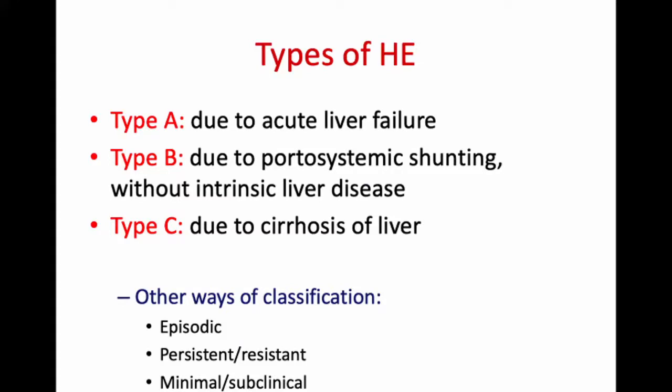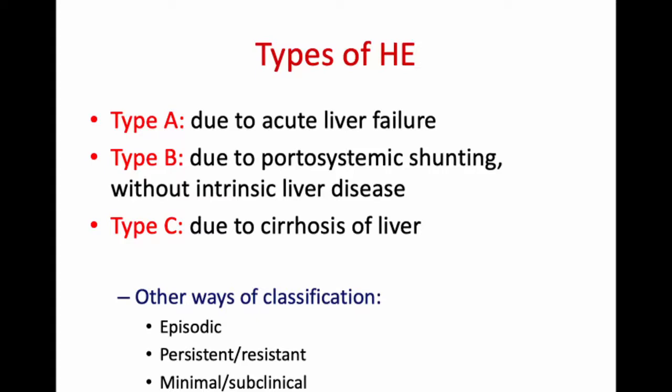Type B is due to portosystemic shunting without any intrinsic liver disease, for example, pre-sinusoidal portal hypertension. And type C is due to cirrhosis. Now you can imagine that type A has a very poor prognosis because the liver has completely failed acutely. Type B is pre-sinusoidal, so there is a good liver, so the prognosis is better.